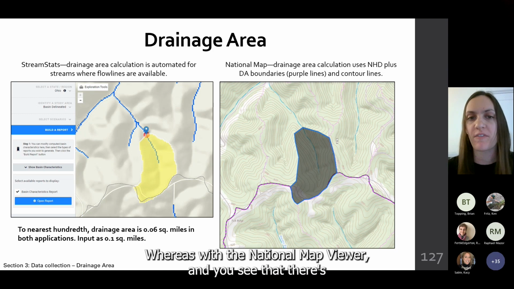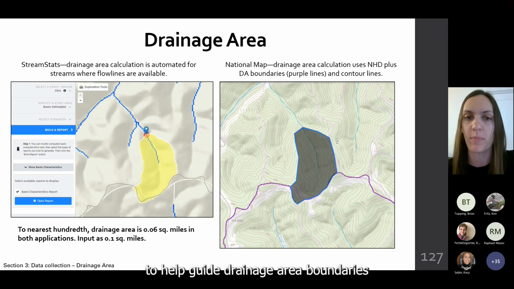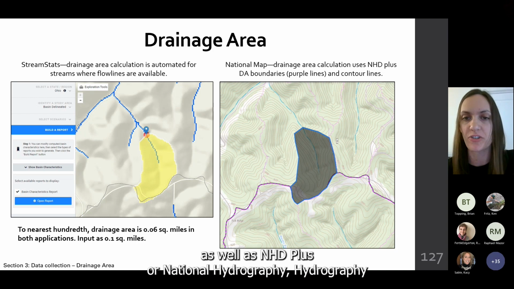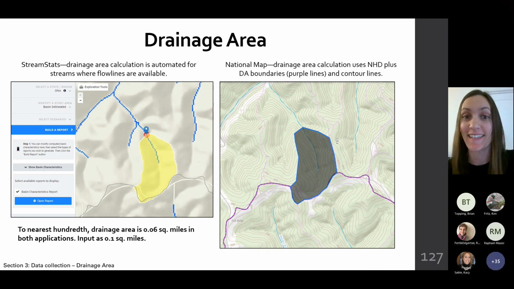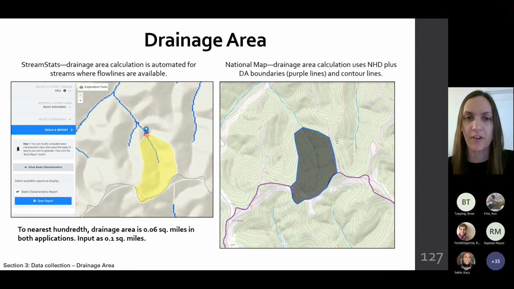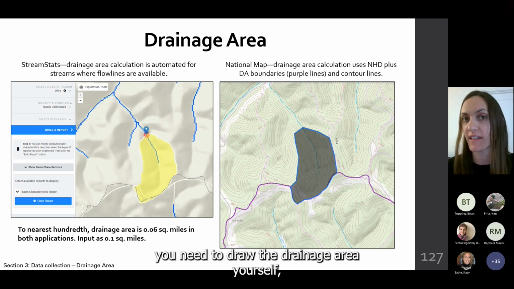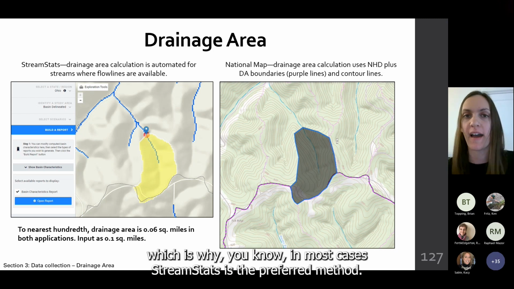Whereas with the National Map Viewer, you see that there are these purple lines indicated to help guide drainage area boundaries, as well as NHD Plus or National Hydrography Dataset, and map contour lines. So essentially for the National Map Viewer, you need to draw the drainage area yourself, which is why, in most cases, StreamStats is the preferred method.